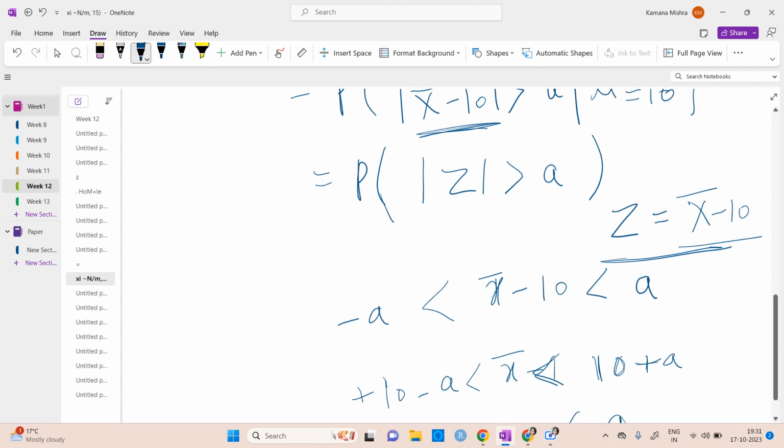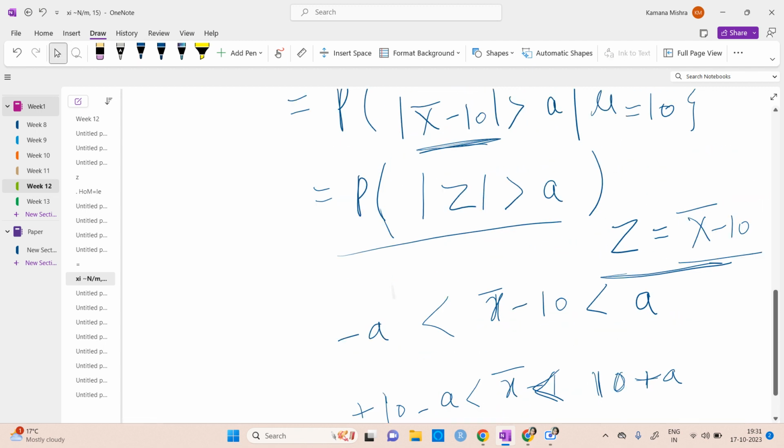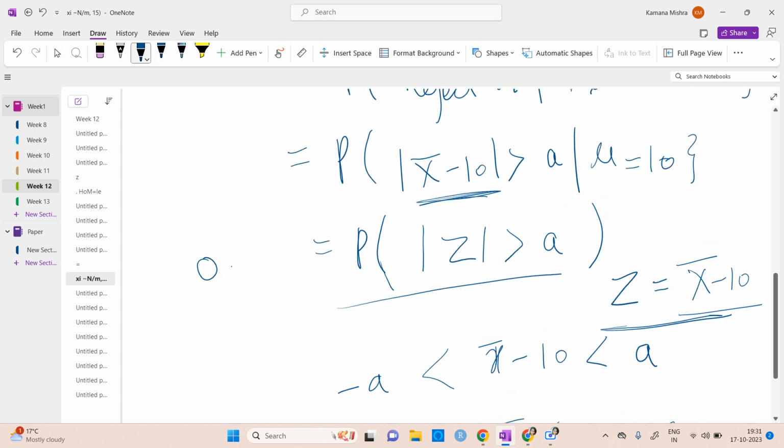So that would be your standard deviation. So the probability that z is greater than alpha, and here its value is 0.05.